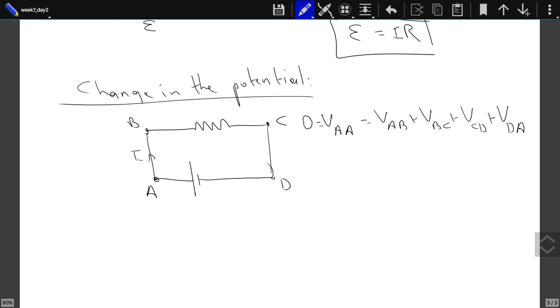The potential difference between the point A and A is the potential at the point A minus the potential at the point B, plus the potential at the point B minus the potential at the point C, plus the potential at the point C minus the potential at the point D, etc. So VAA, we know that it is 0, but at the same time we should be able to write it in this form.